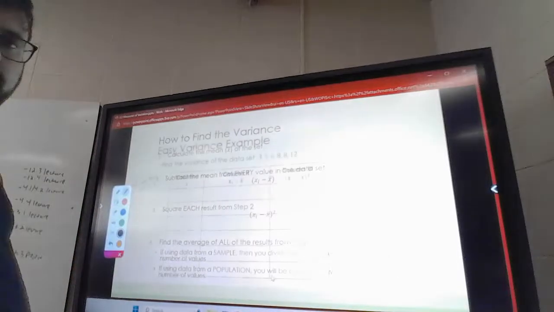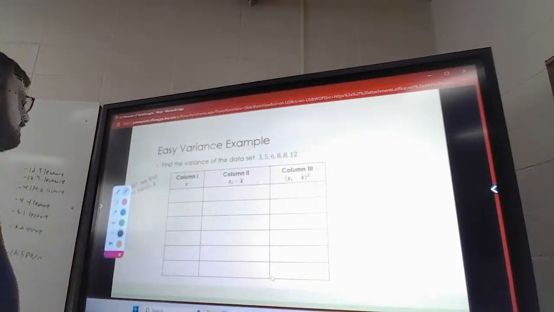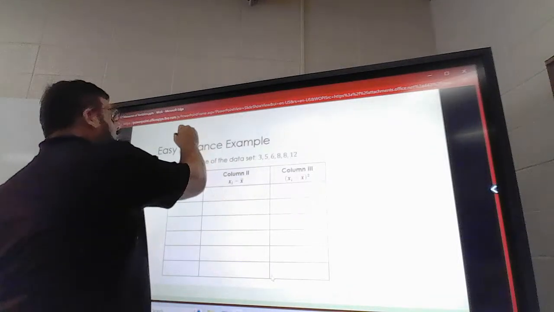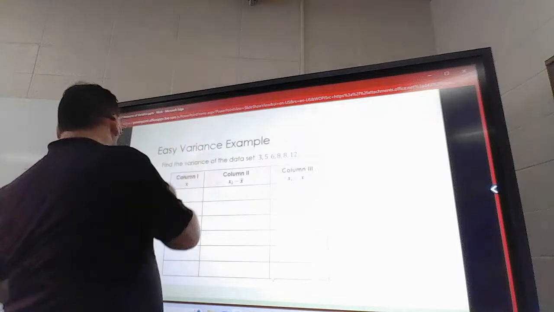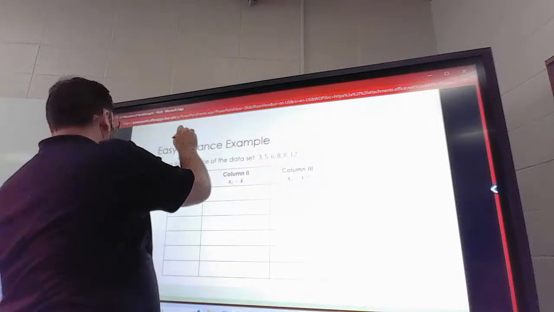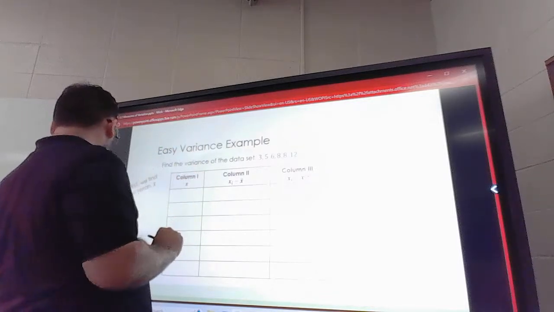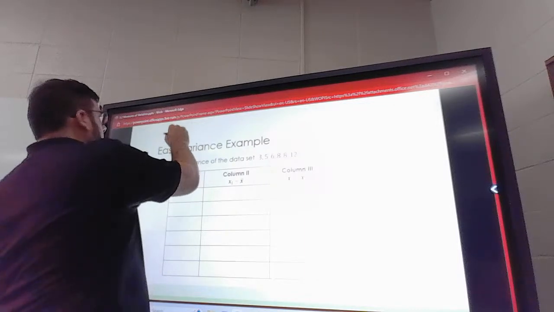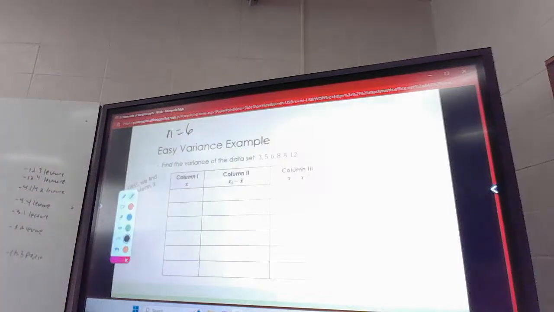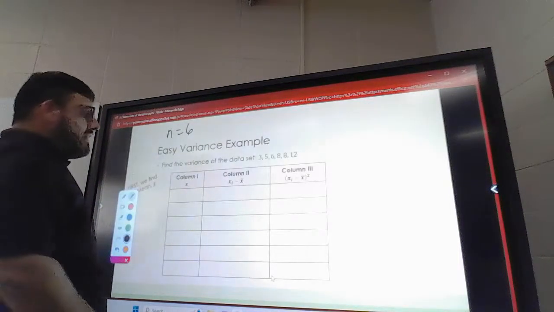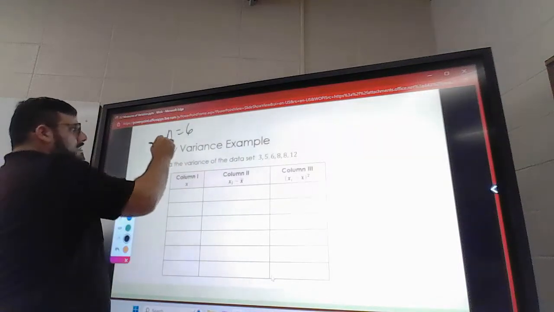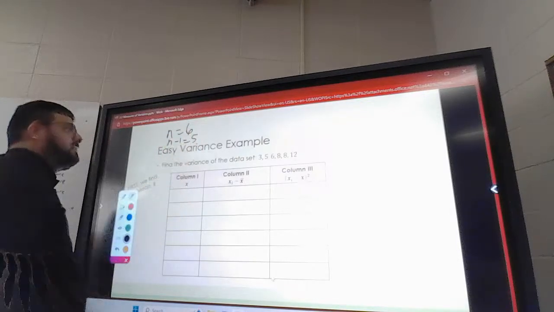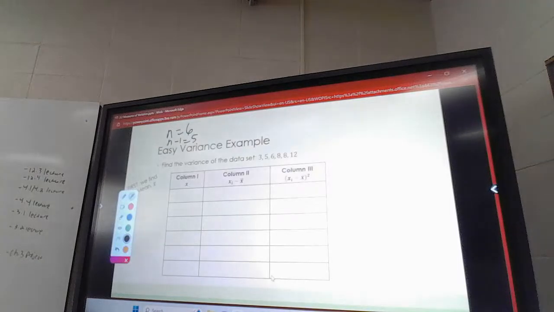Okay. So here's an example. Here's a set. We're going to look for the average. Okay. So I have 6 values up here, which means that when I look for the variance, and I'm going to do this as a sample, I'm going to divide by 5.